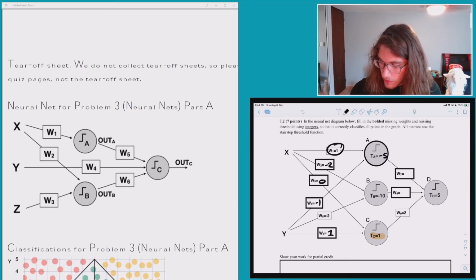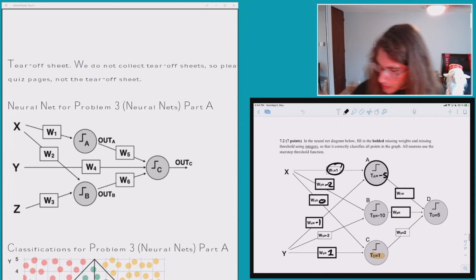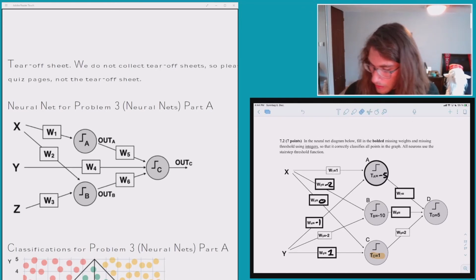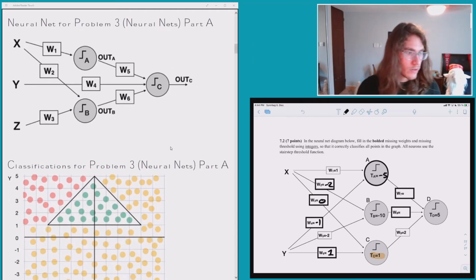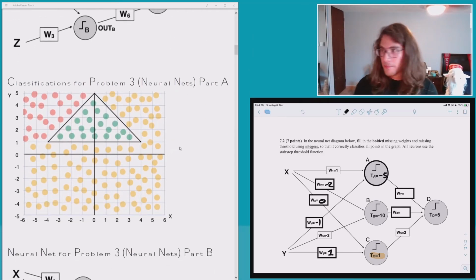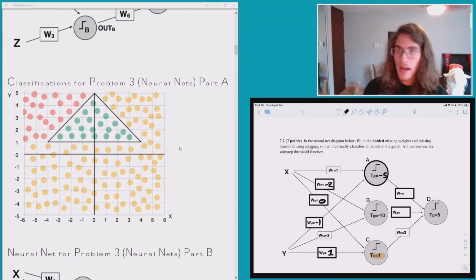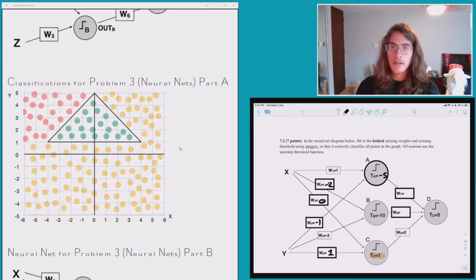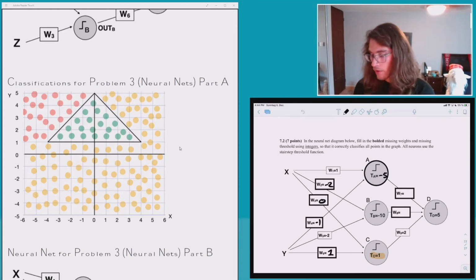And this is -1. And what we do is, let's test it. Let me scroll down a little bit on the graph over here. I don't have the annotations for the colors yet, so I apologize for that. Anything that falls outside the triangle needs to have an output of 0.